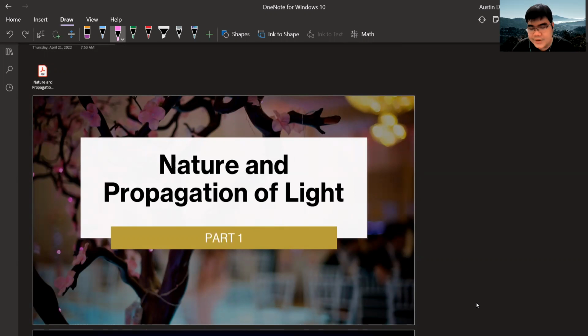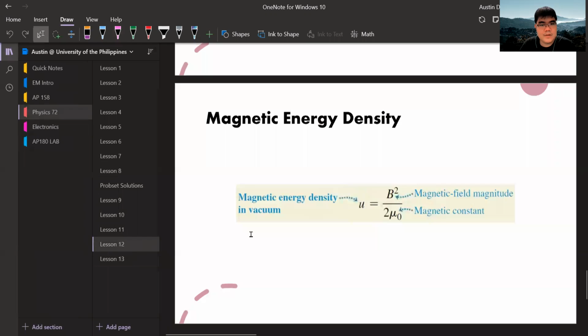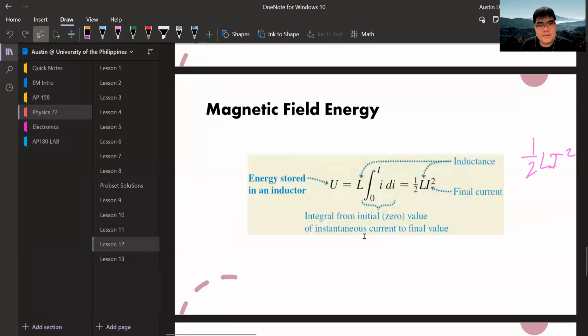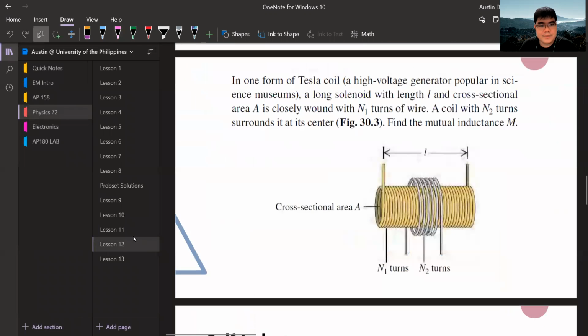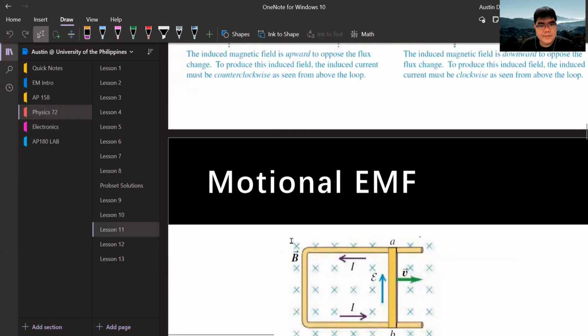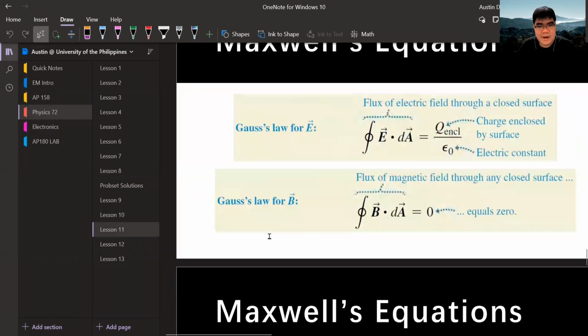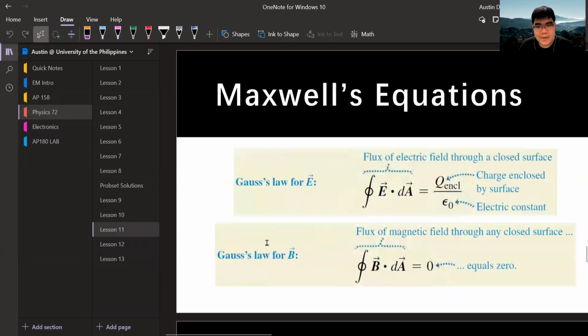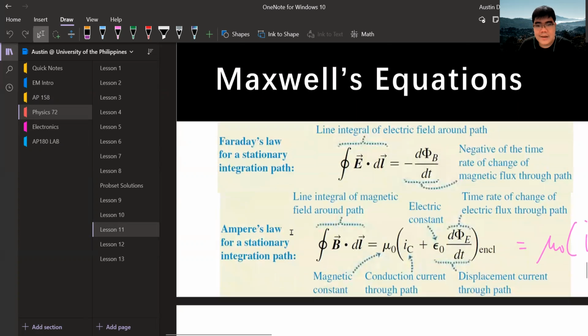Okay, and then forces, tapos how do you calculate them, and etc. By the end of the, magnetic fields natin sa induction, na-produce natin yung mga Maxwell's equations, na-chikahan natin yung mga Maxwell equations, and ano ba sila.